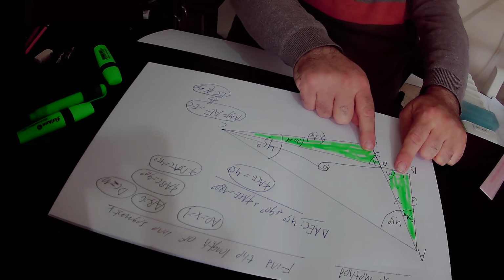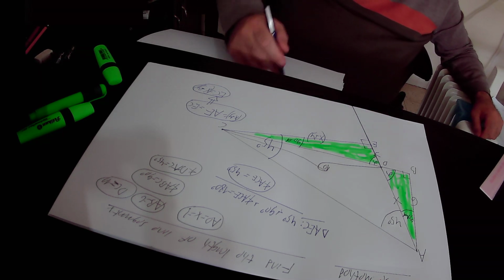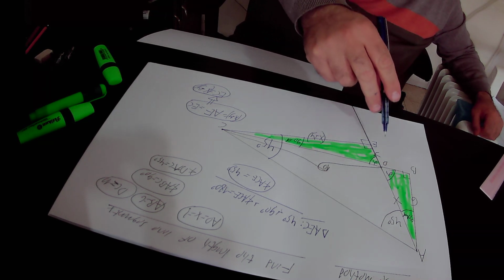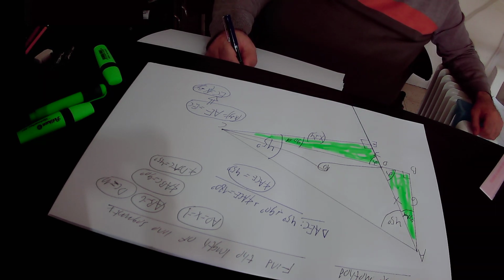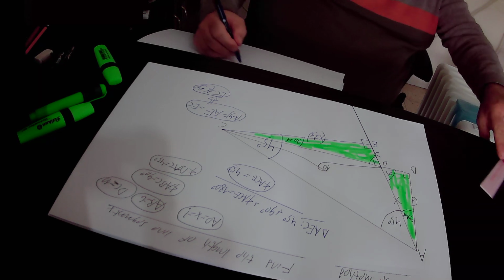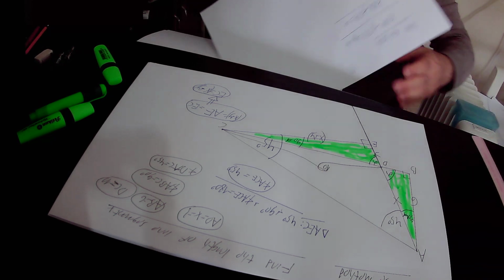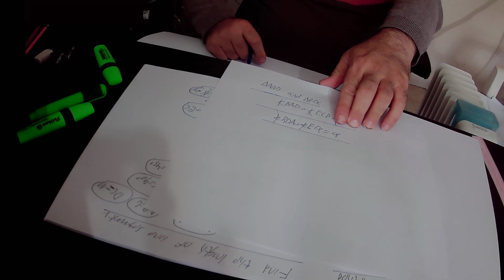Both of those two angles are equal to alpha. So angle BDA, this angle, is equal to angle EDC, this angle, and they are both equal to alpha. I'll repeat again: angle BDA equals angle EDC, and they are both equal to alpha.